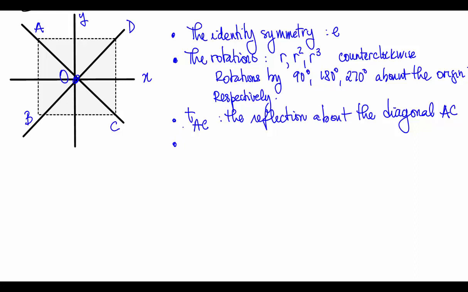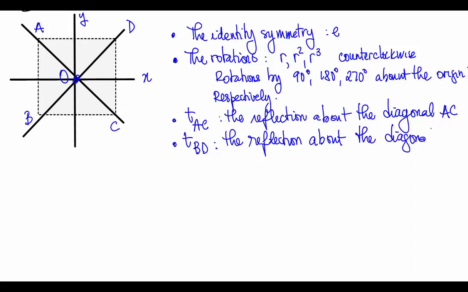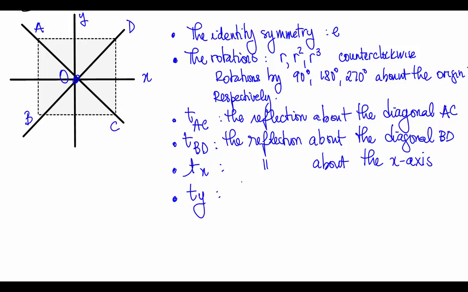We'll call T B D the reflection about the diagonal BD. We'll call T X the reflection about the x-axis, and we'll call T sub y the reflection about the y-axis.